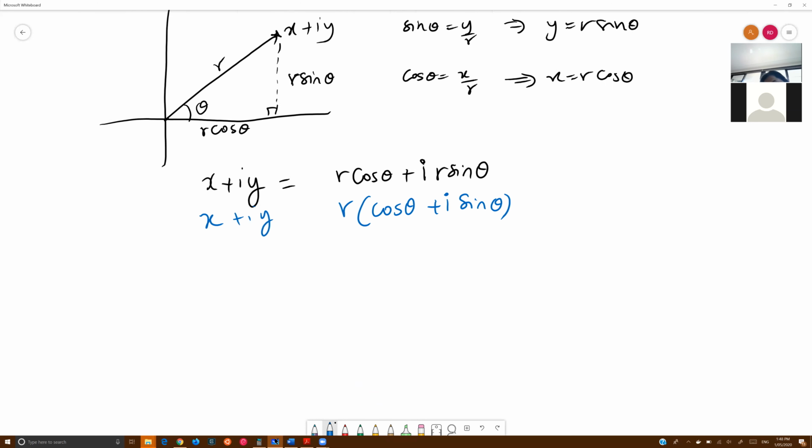But then, you know, in maths, we always try and shorten things. We don't like to write these long bits and pieces all the time. So this is very important. I hope you're paying attention. So to shorten it, instead of writing cos theta plus i sine theta, we abbreviate it and write it like this. Okay, so r cis theta. Now, it's very important that you understand this is an abbreviation.